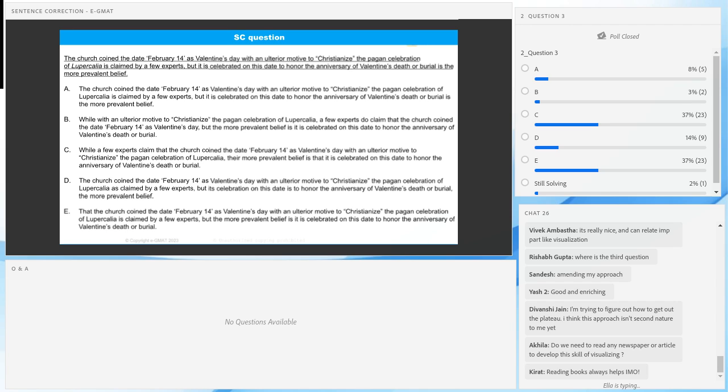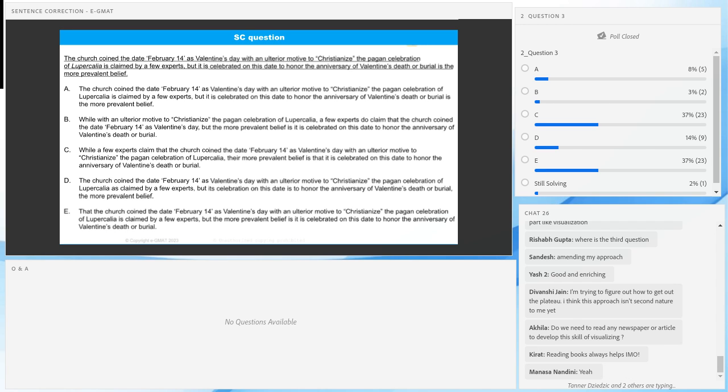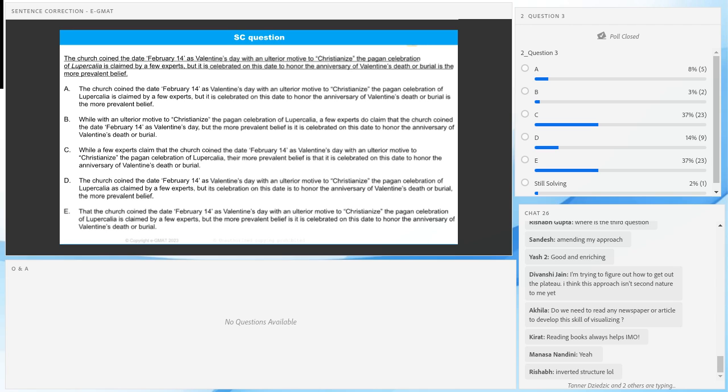This is an interesting question. How many of you looked at the sentence and were like, what is going on in this sentence? Yeah. It's a very interesting sentence, inverted structure.